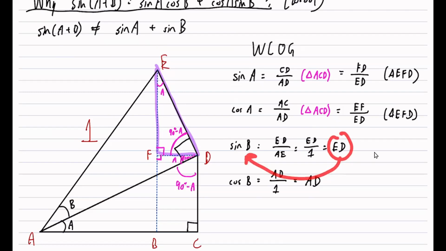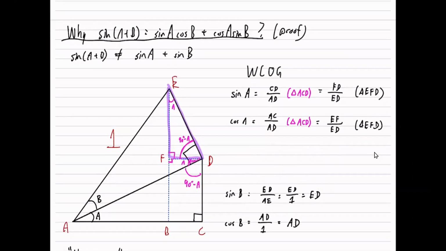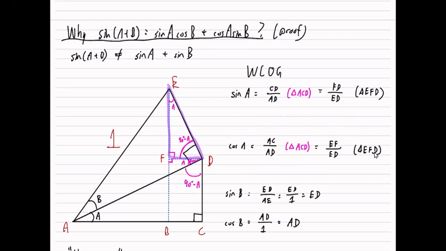So that means that we can now, I need more space. Hold on a second. We can now replace this ED with sine B, right? And that also means that sine A is still on the left-hand side, right?